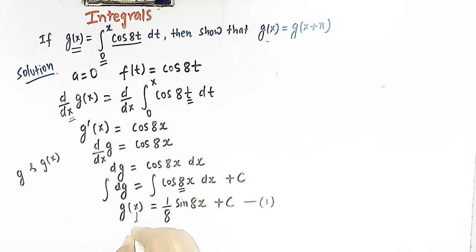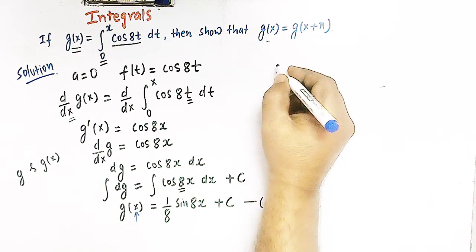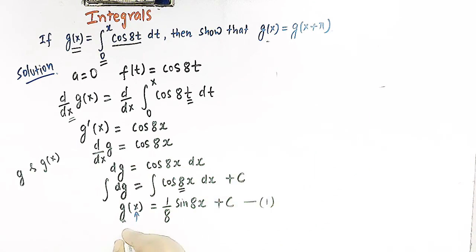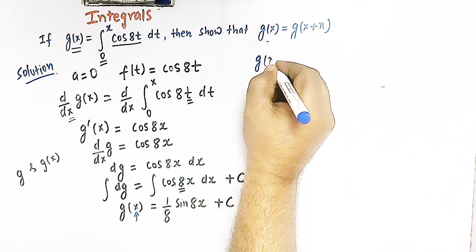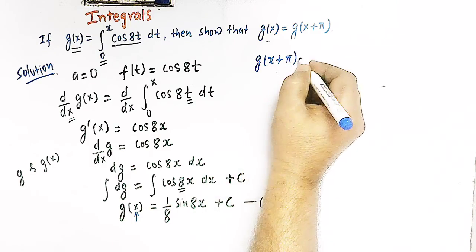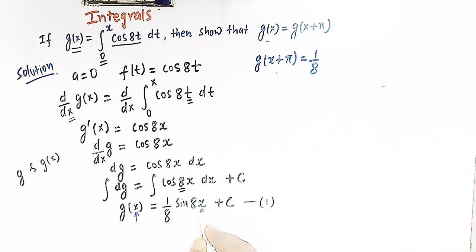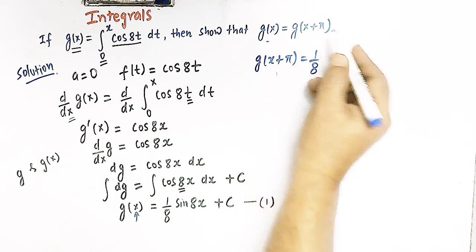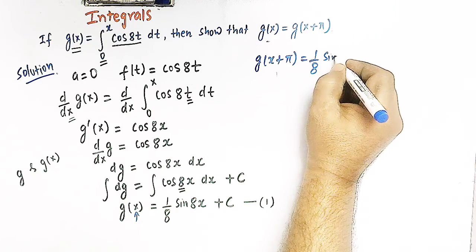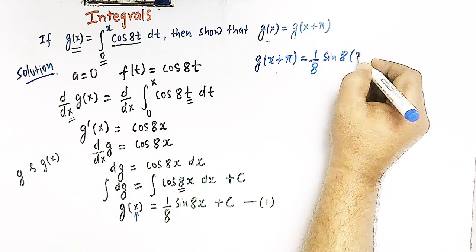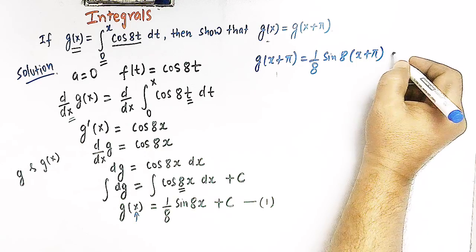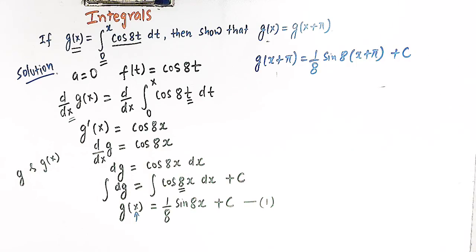So now let us replace this x by x plus pi, right? So we have g of x plus pi is given by 1 over 8, and here also we'll replace x by x plus pi. So we have sine of 8 times x plus pi, and c is the constant of integration.